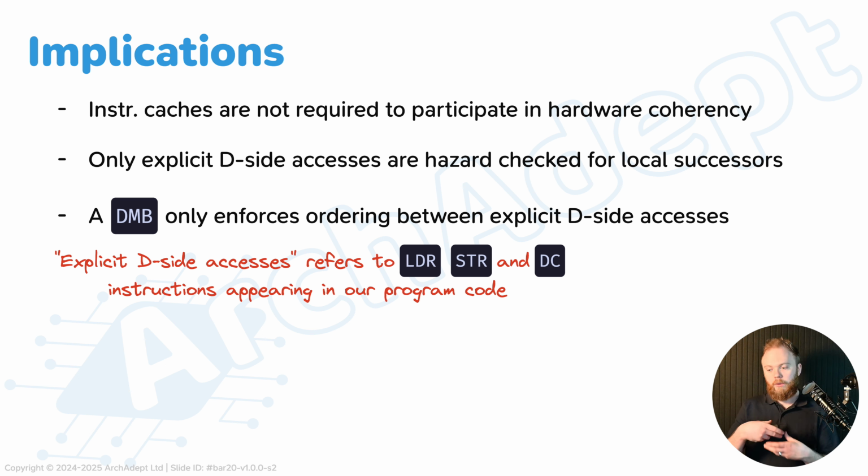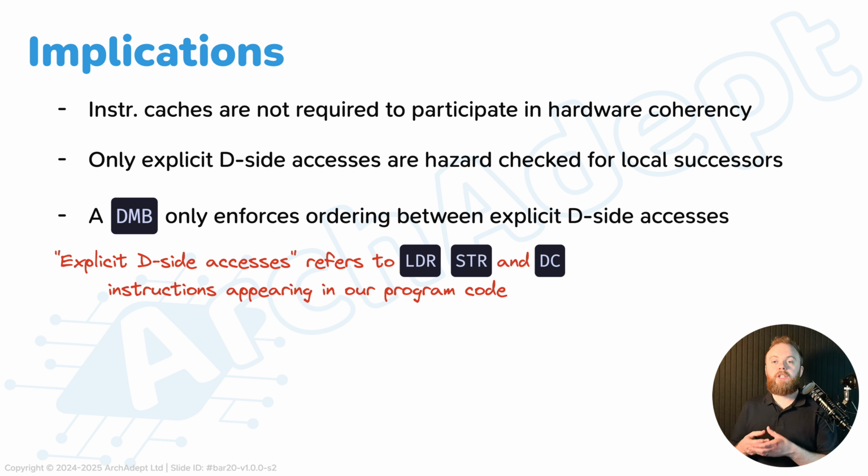Unique state meaning we invalidate everyone else's copy of the cache line. Well, strictly speaking, it's only copies of the cache line held in data and unified caches that are guaranteed to be invalidated. So copies of the cache line resident in dedicated instruction caches are not guaranteed to be automatically invalidated when someone attempts to write to that location.